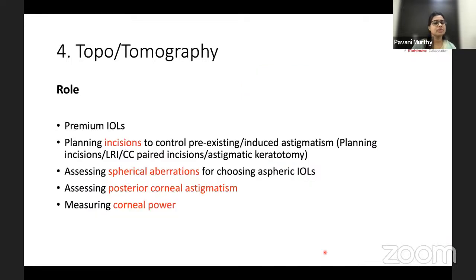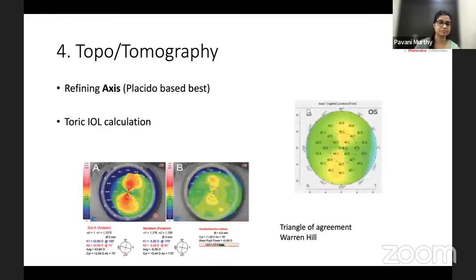So the role of topo and tomography is more in planning incisions to reduce the pre-existing or induced astigmatism. You can plan your incisions, plan LRIs, clear corneal paired incisions, and astigmatic keratotomies, assess the spherical aberrations for choosing spherical IOLs, assess the posterior corneal astigmatism, and measure corneal power.